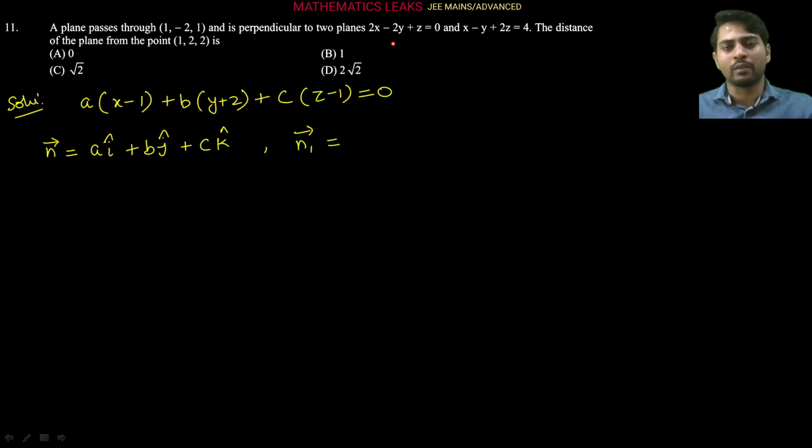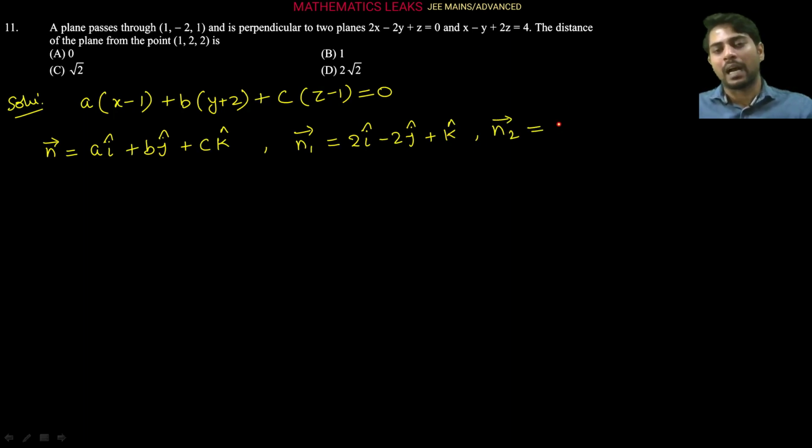So n1 is the normal of this plane, written as 2i cap minus 2j cap plus k cap. And similarly, n2 is the normal of this plane, which we write as i cap minus j cap plus 2k cap.